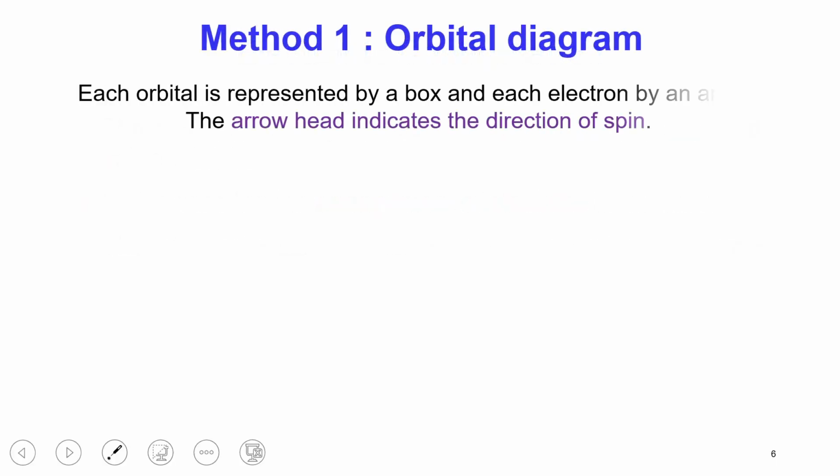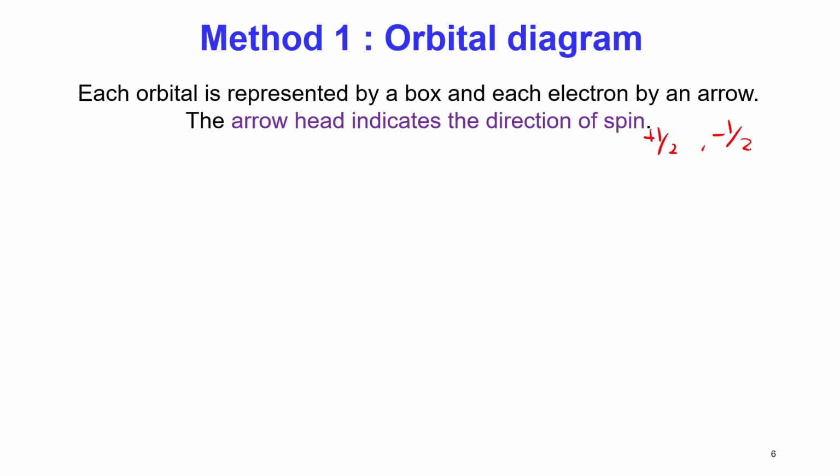So the first method, orbital diagram, is actually a diagram represented by boxes. So actually box ialah orbital. Each box has two electrons with opposite direction. So remember from the previous subtopic, we have spin quantum number, positive half and negative half.